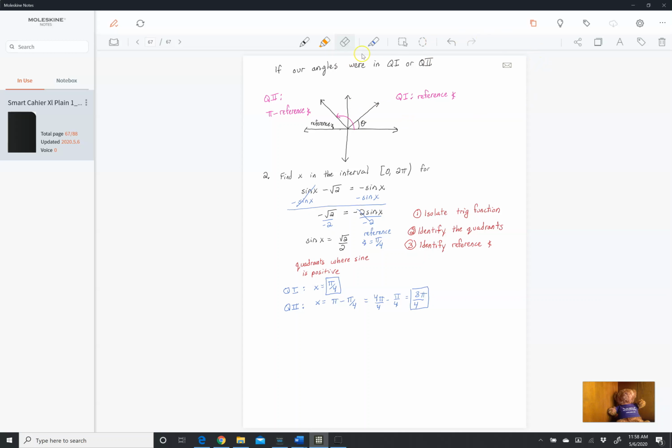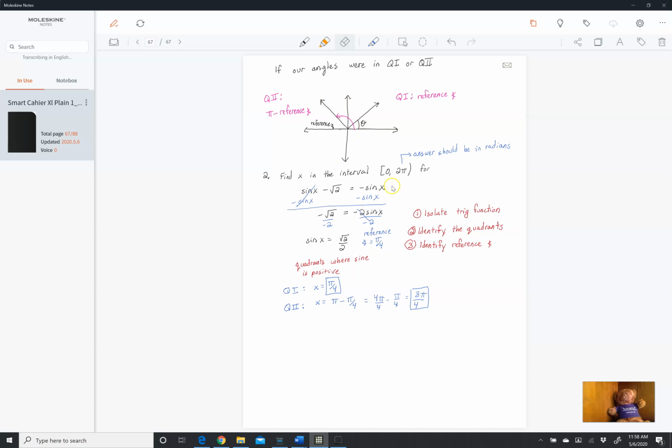Once again, the 0 to 2 pi is what tells us the answer should be in radians. So let's talk about this interval for a second. What the interval says is that we're going around the circle once.